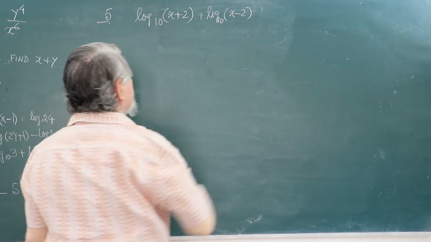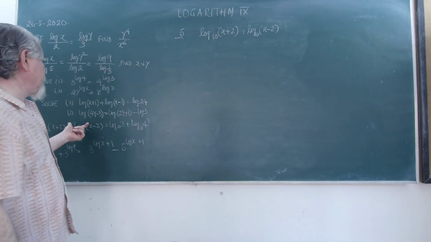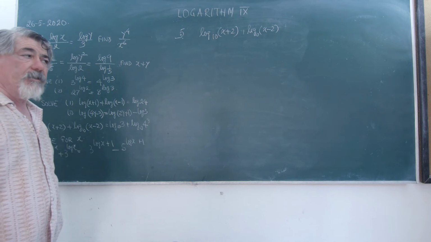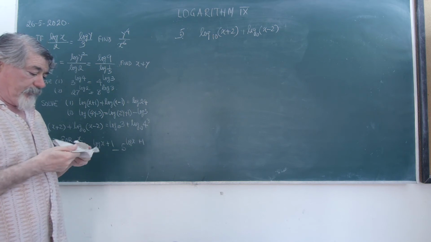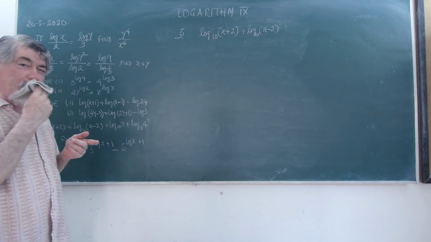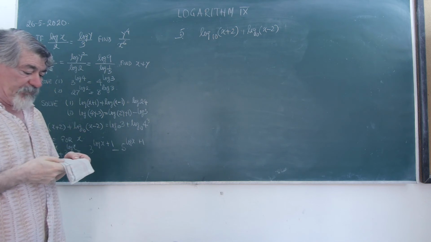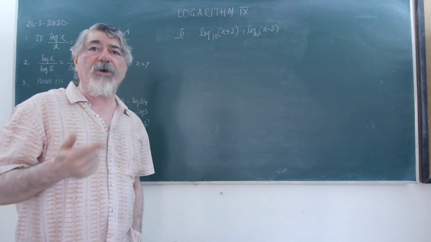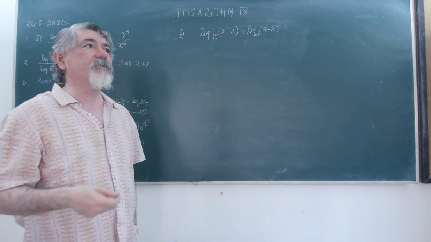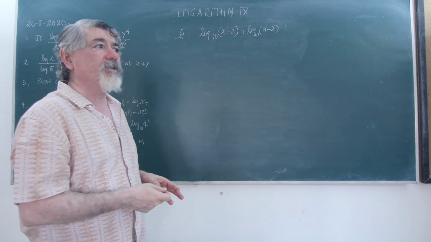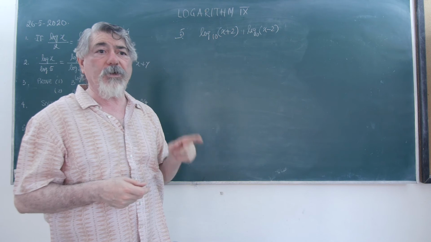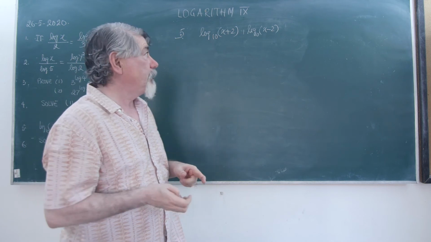It is not necessary to mention the bases, but because he has mentioned the bases, I will mention the bases. If he does not mention the bases, that means the bases are technically common logarithm. Otherwise, he should mention the bases. Time and again, we are talking about common logarithms. Whenever the common logarithms are there, the bases are 10. Common base is always 10.